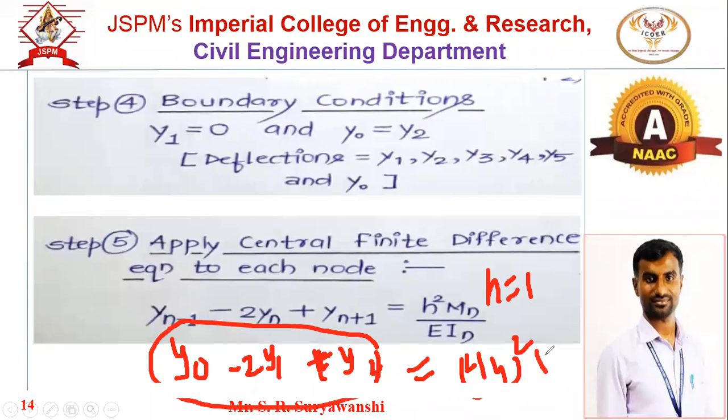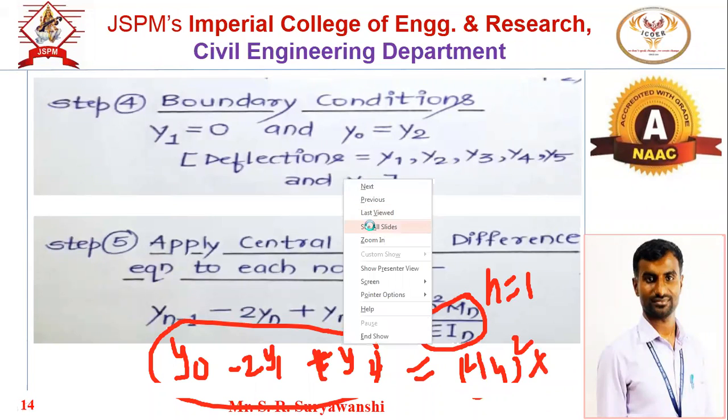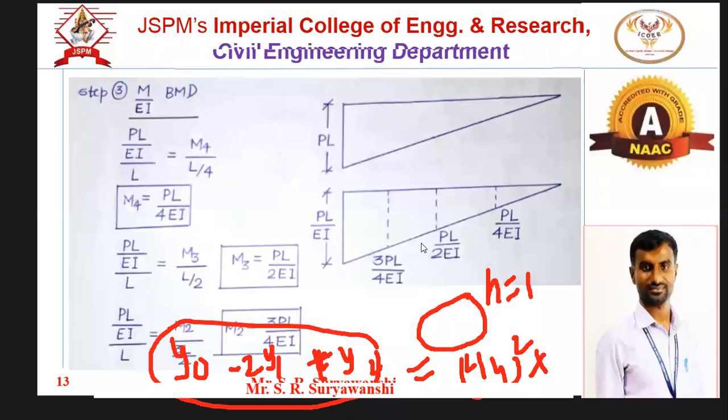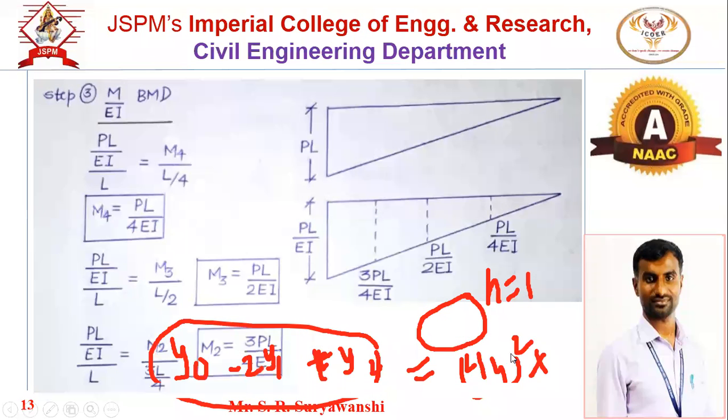Now tell me, what is the value of M by EI for node number 1? If I show you the M by EI diagram, with these nodes 1, 2, 3, 4 and 5, tell me, what is the value of M by EI?